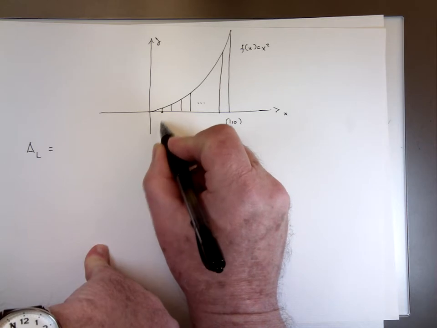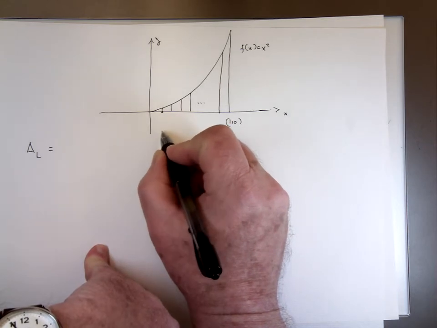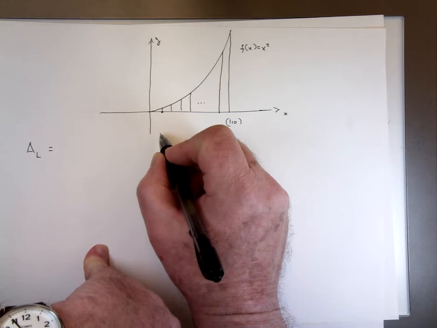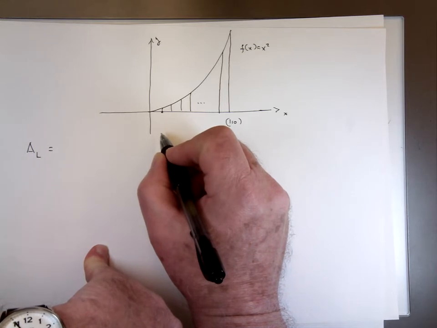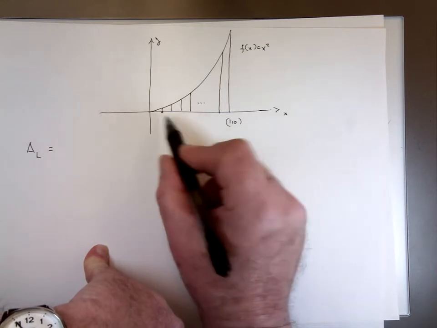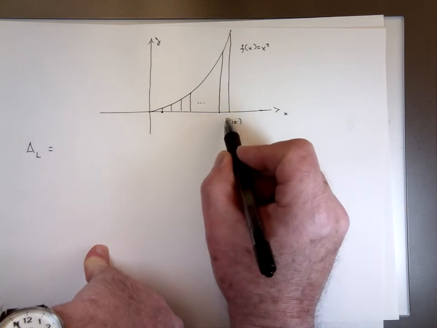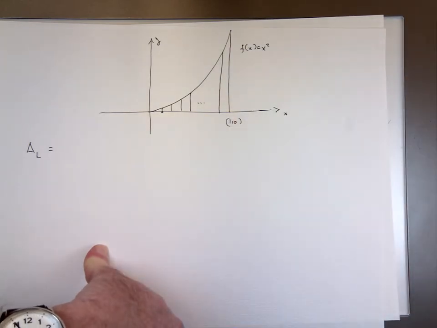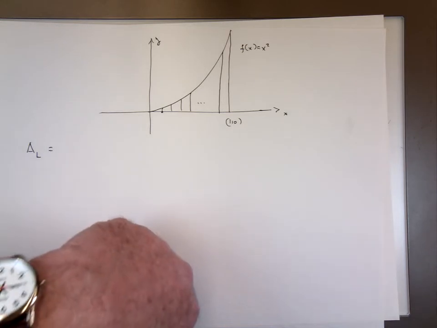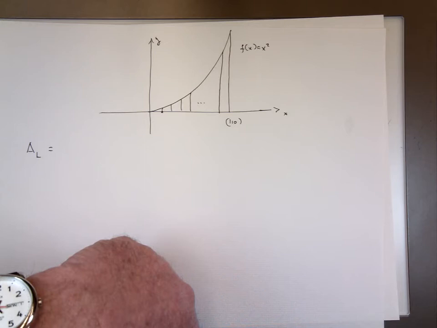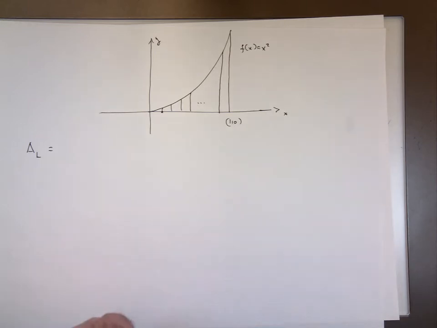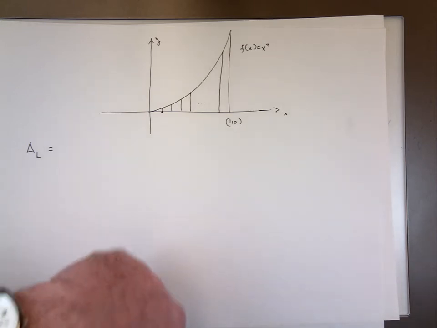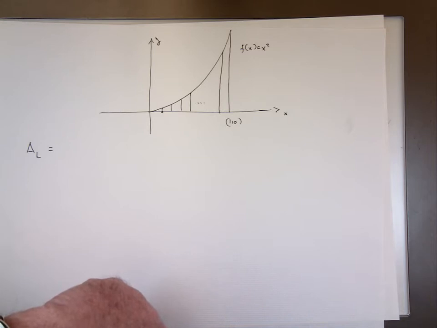If I'm going to divide this up into n equal subintervals, what is it? 1 over n. Yes, it would. Okay, this is 1 over n.